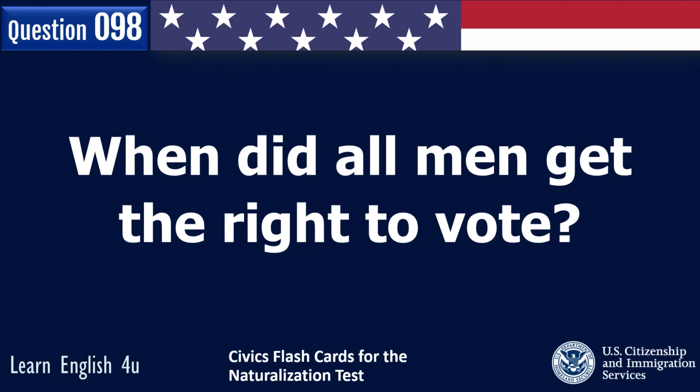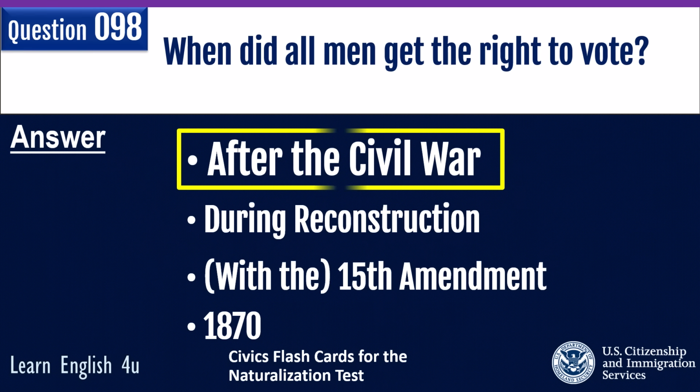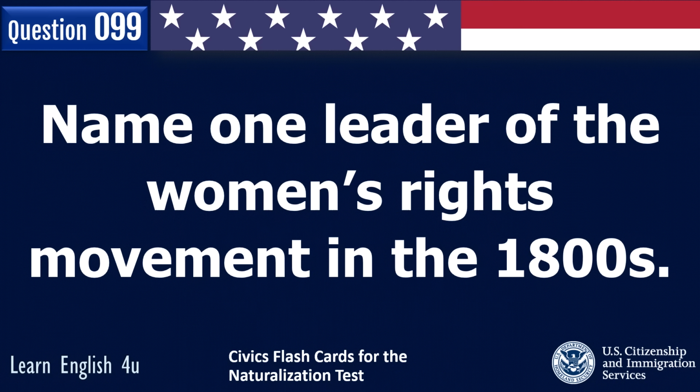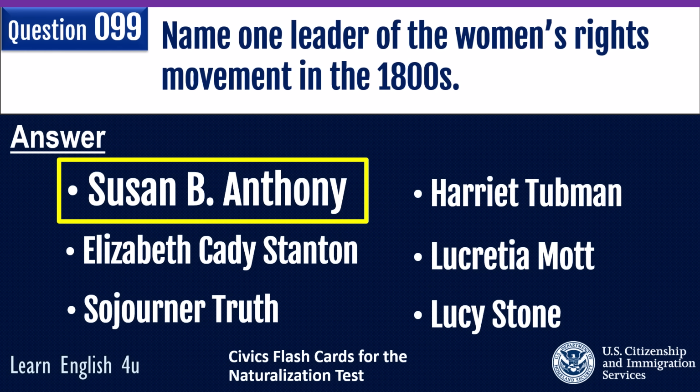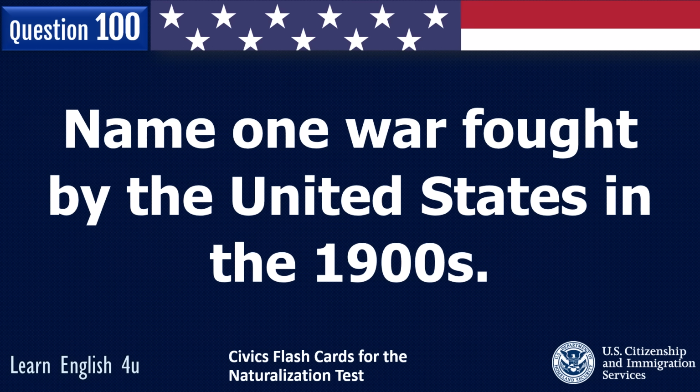When did all men get the right to vote? After the Civil War. Name one leader of the women's rights movement in the 1800s. Susan B. Anthony. Name one war fought by the United States in the 1900s.